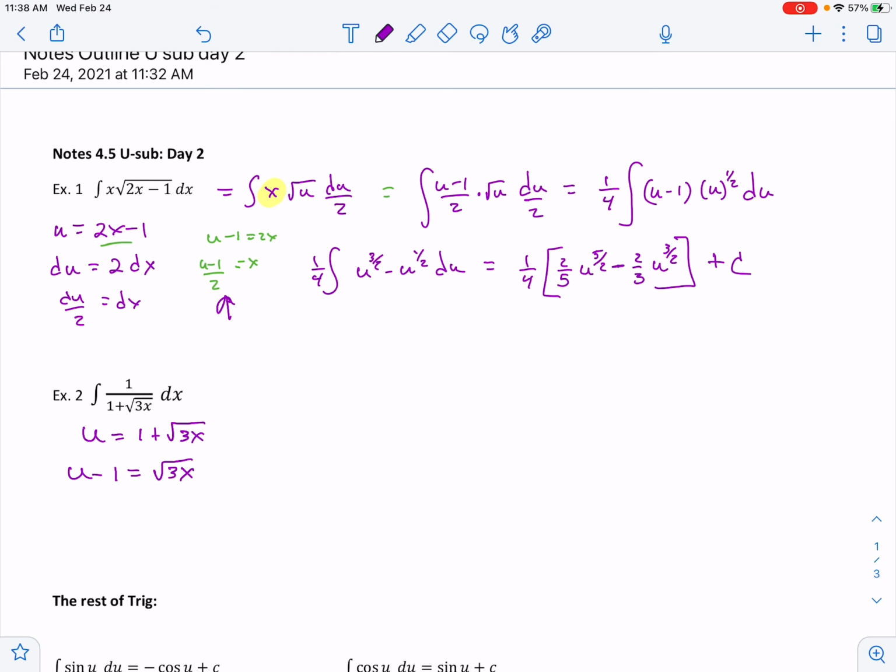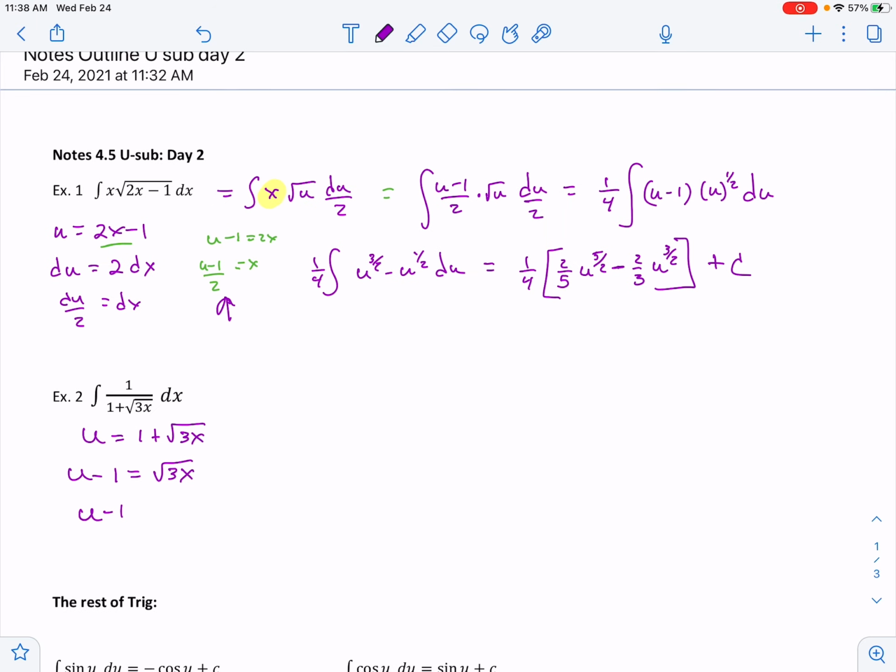Because now I'm going to take the derivative of this. But first, this is u minus 1 equals 3x to the 1/2. The derivative here is du. This is 1/2 times 3x to the negative 1/2 times 3.